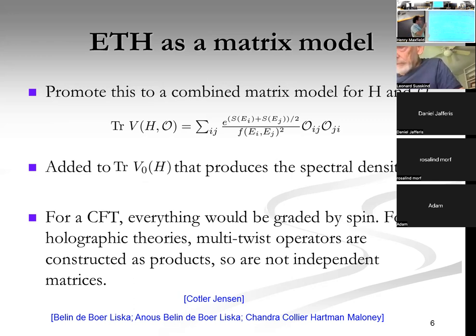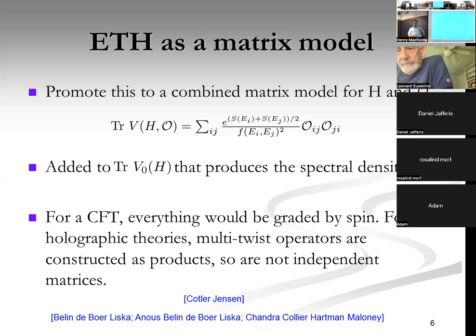And if we were talking about higher D CFTs, which I would not, everything would be graded by spin. So the idea of higher D would be I will use the state operator correspondence to label my heavy operators with states on the radial quantization cylinder. They will be labeled by spin and dimension.